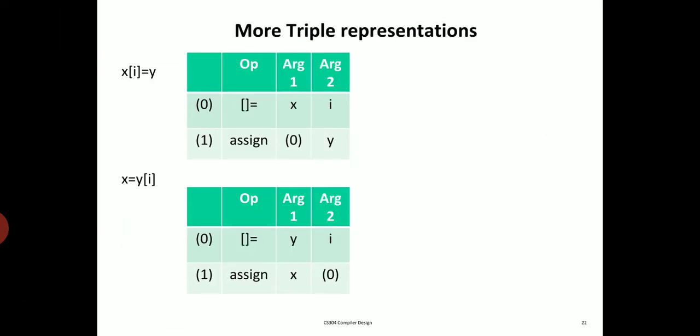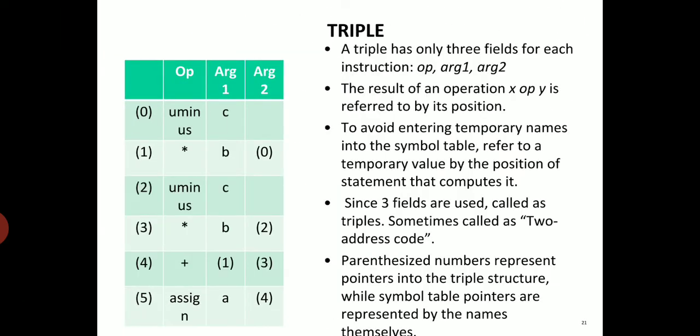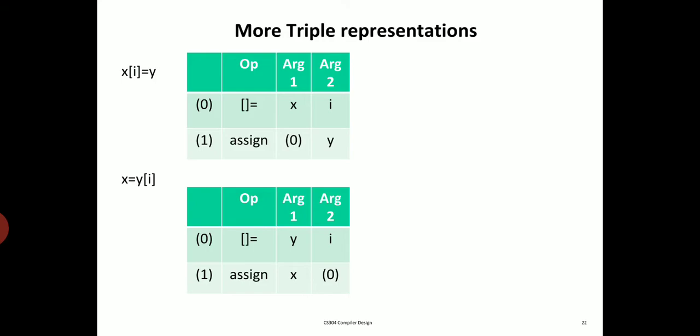That is about triples. And more triple representation, that is x[i] = y. How will we compute it? Initially we have to compute the array location, the starting location, then the i location, which will be assigned to this operator, and then we have to copy the content of y to whatever we have computed in the 0th position.